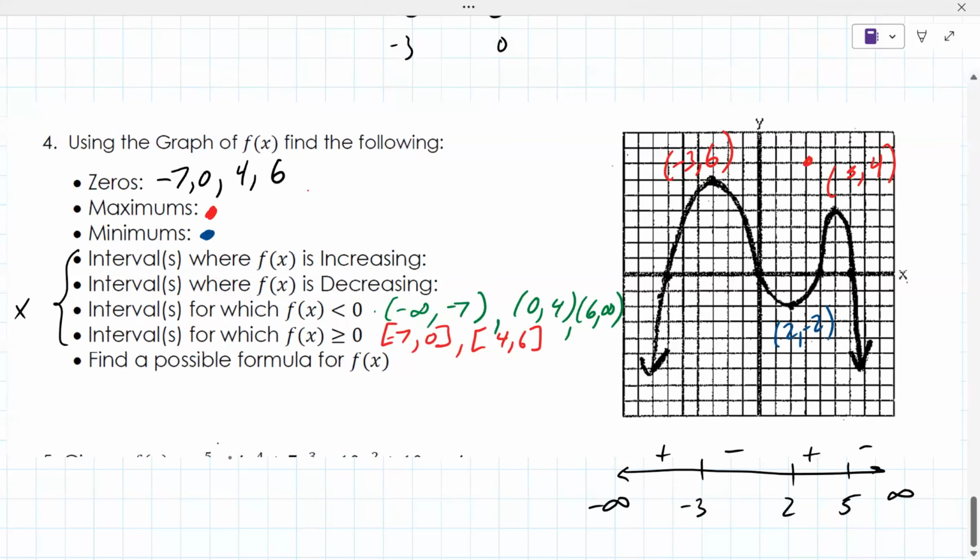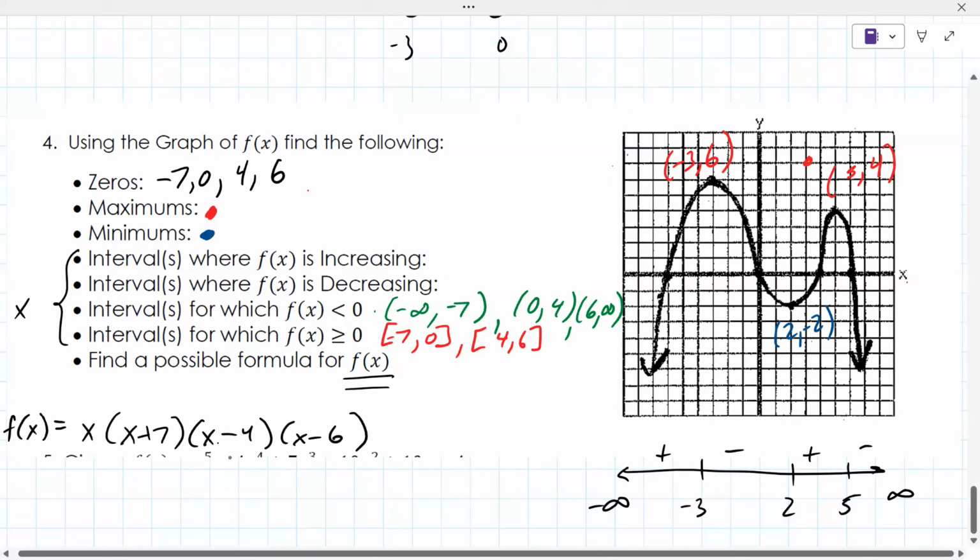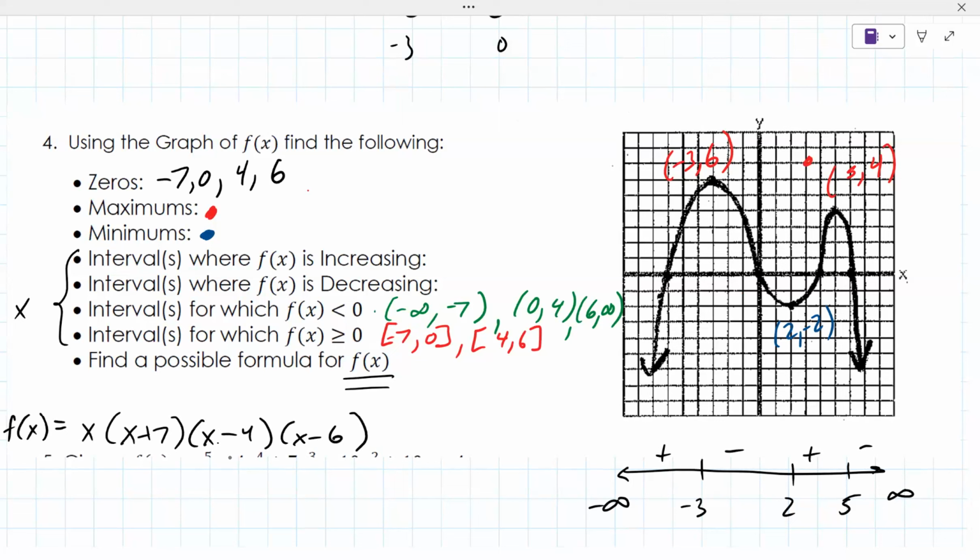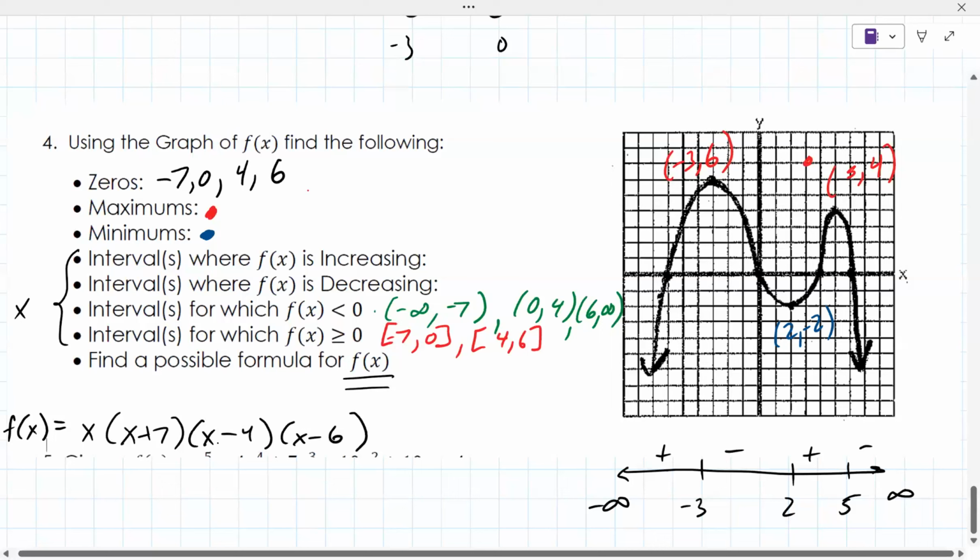All right. Now the possible formula for f of x really comes from the zeros. So that's the answer in factored form. If it didn't specify, I would leave that. There's also a value of a to consider.